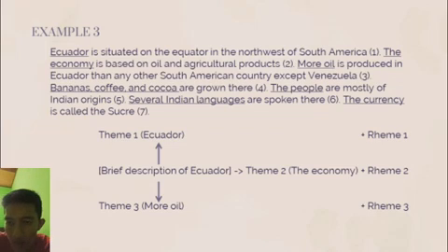Like that, it is the same for the sentences below. Bananas, coffee, and cocoa is theme 4 and are grown there is rheme 4. The people are theme 4 and are mostly of is rheme 4. Several languages is theme 5 and are spoken there is rheme 5.